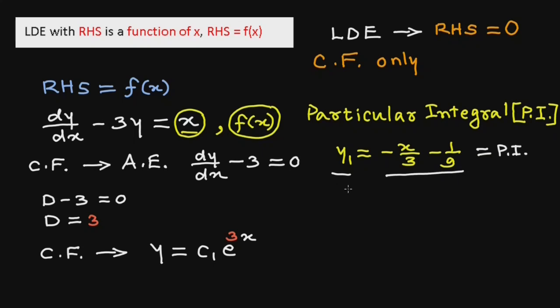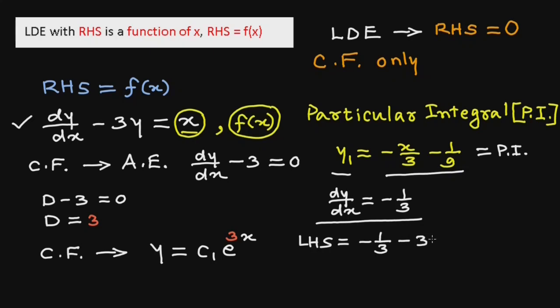Let us verify this. After differentiation, we get dy upon dx equals minus 1 upon 3. And after substituting this value in the given linear differential equation, we get left hand side equals, putting minus 1 upon 3 in place of dy by dx minus 3, and putting minus x upon 3 minus 1 upon 9 in place of y, minus 1 upon 3 plus x plus 1 upon 3.